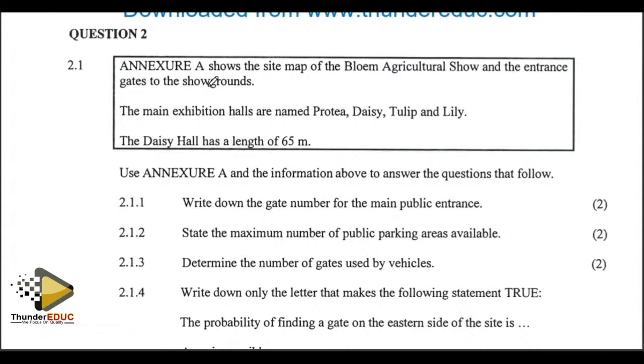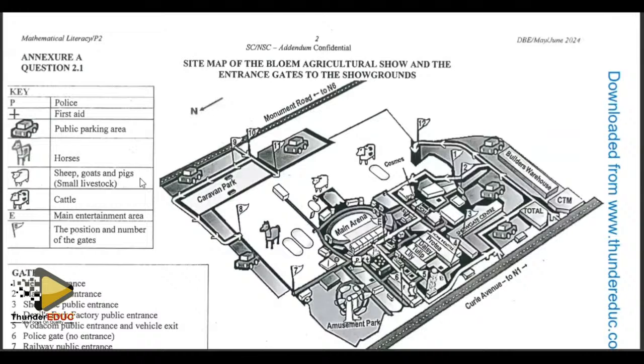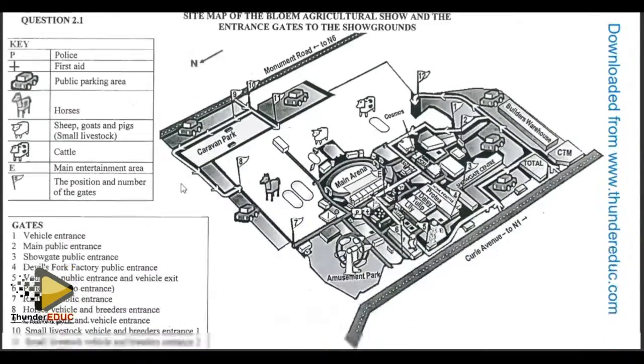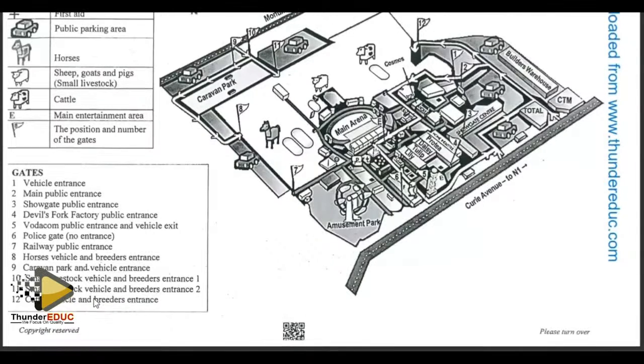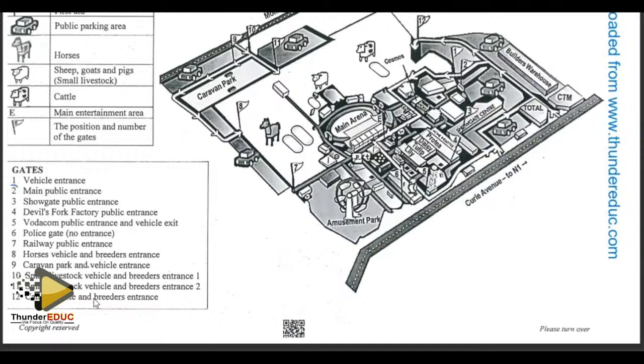So there we go. Write down the gate number for the main public entrance. We shall come to the table here. The first thing you do before you check on the map is use the key. This is the key, and we're looking at the main public entrance. So what we're looking at is number 2. So the answer there will be 2.